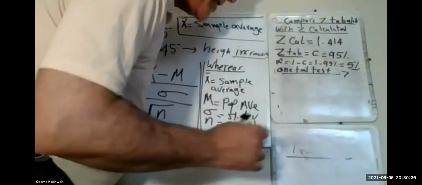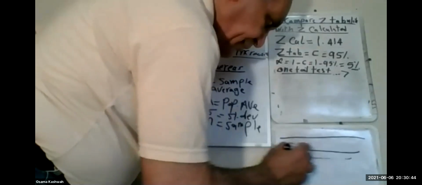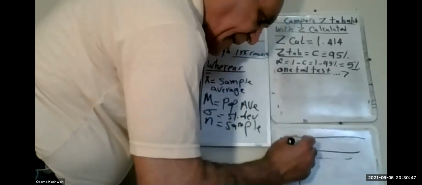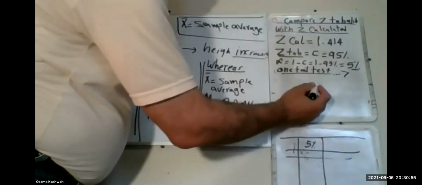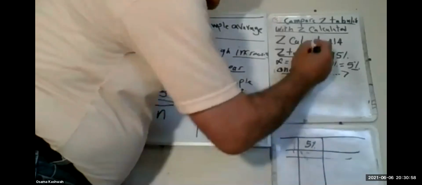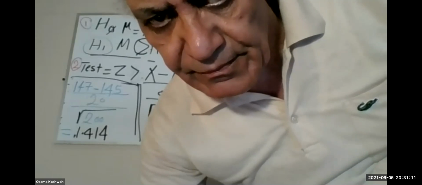When I go to the Z table under 5% alpha, let me show you here. I go like this, one tail on 5%, and I will find that the value is 1.64. Let me double check it. I will show you the tables.